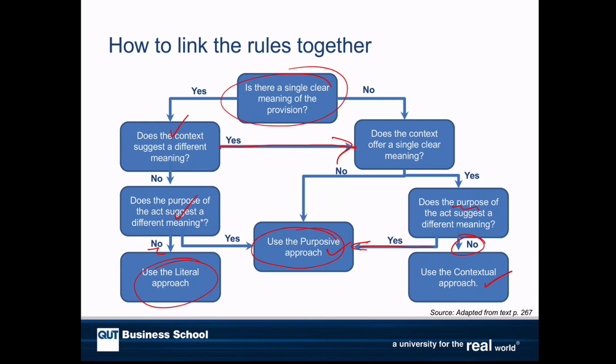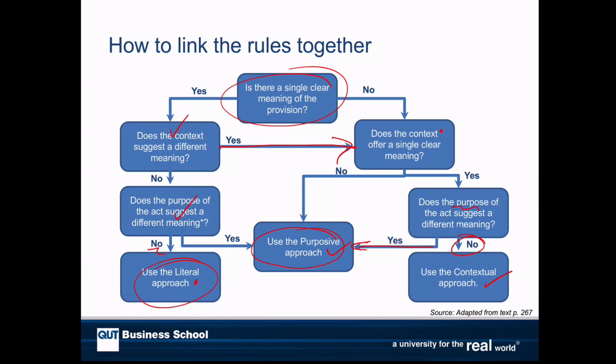Okay. So what you can see if you go through this diagram, and I'll leave you to think about it in detail, is that we kind of use the entry-level rule, the literal rule, provided there's no other conflict. Then we move to the context rule. Can we determine it just literally and by context? And if there's no clash with the purpose of the act, okay, that's what we can use.